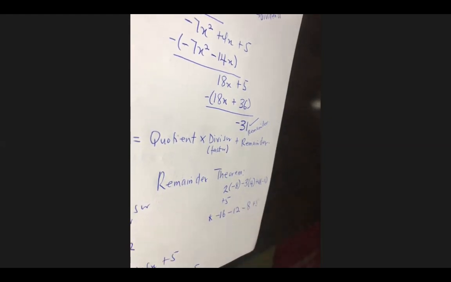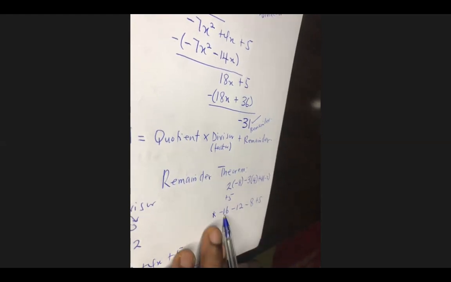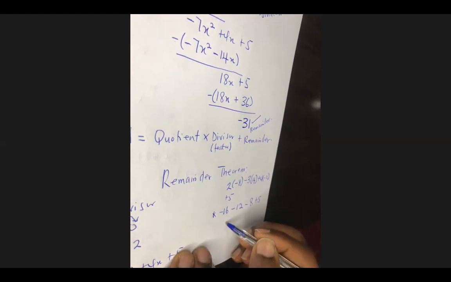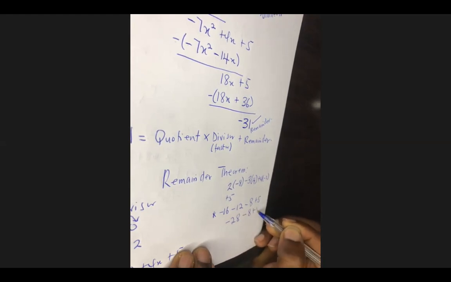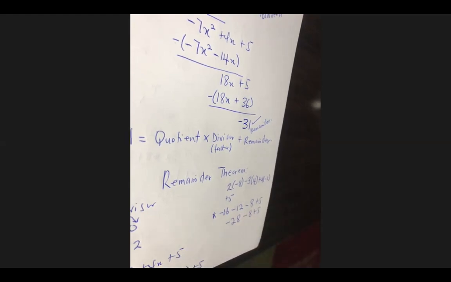So let's see. Now, negative 16 and negative 12 is going to give me negative 28. So I have here negative 28 minus 8 plus 5. Good.